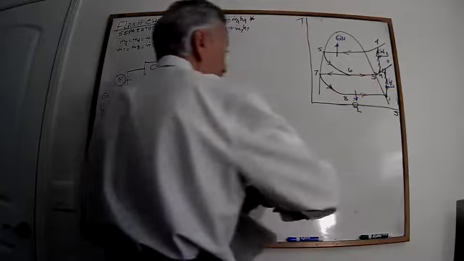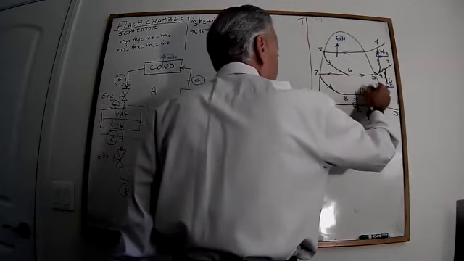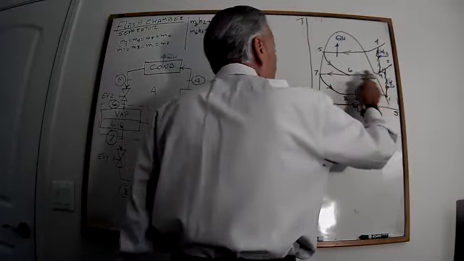Let's say this is, again, 180 kilopascal. Now, keep in mind, in this case, the pressure at points 7, 6, 3, 9, and 2 are all the same, because they're all on the same pressure line.